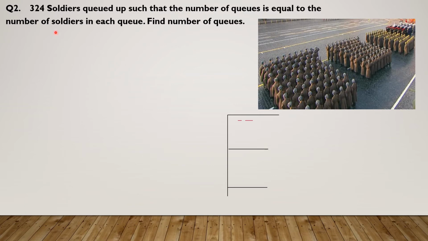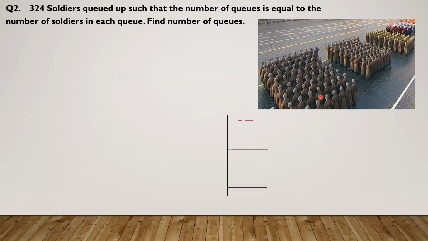Now, the question is: total soldiers are 324 and they are queued such that the number of queues is equal to, for example, count the soldiers here. 1, 2, 3, 4, 5, 6, 7, 8, 9. 9 soldiers are here, means in total we have 9 queues.